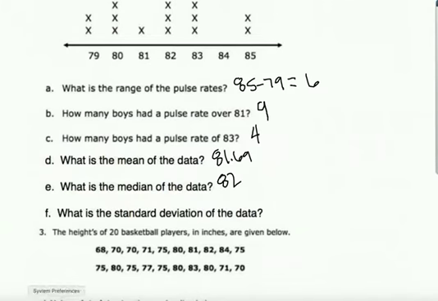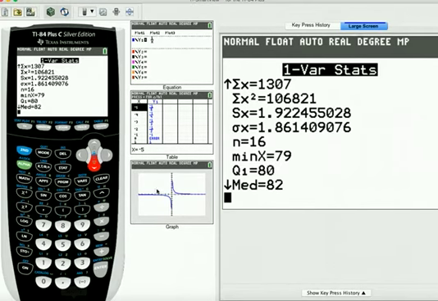F says what is the standard deviation? So we can choose to do the sample standard deviation or the population standard deviation. Let's go with the population, so let's do 1.86.